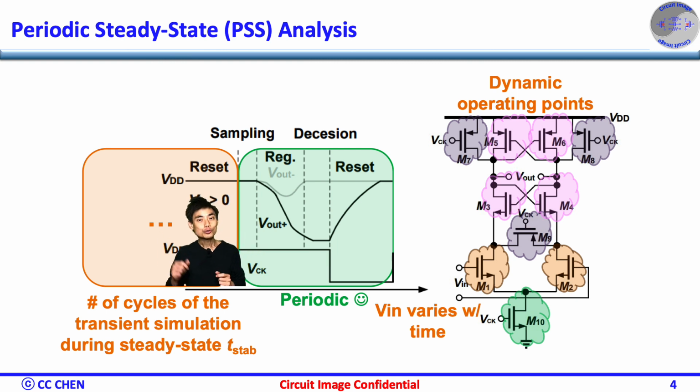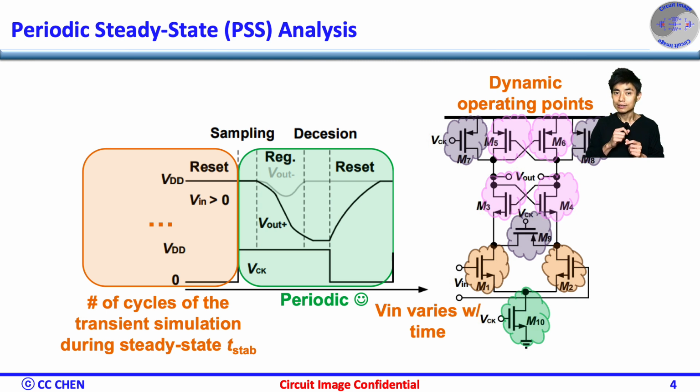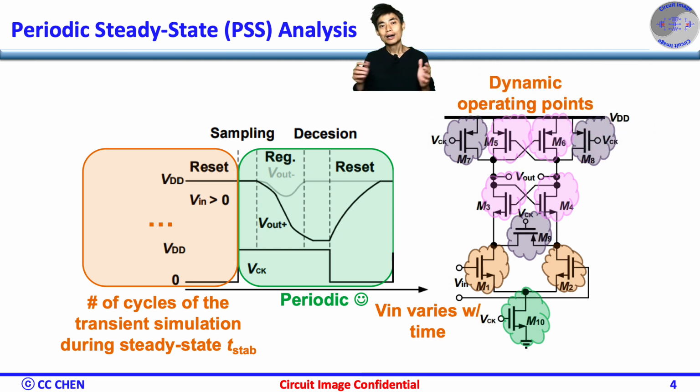Instead, we could just run a few cycles of the transient simulation and determine the steady state response of the simulated circuit at a special bit frequency, which is called periodic steady state PSS analysis.